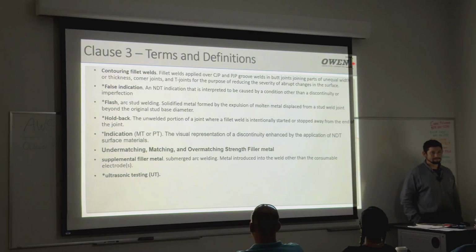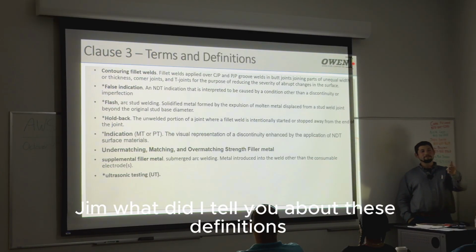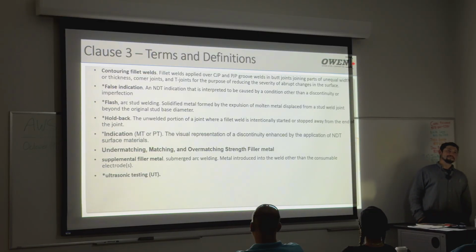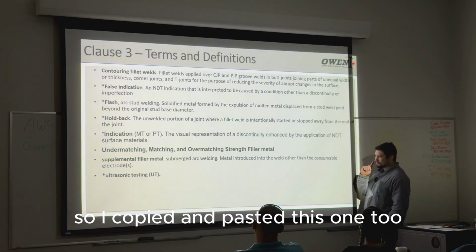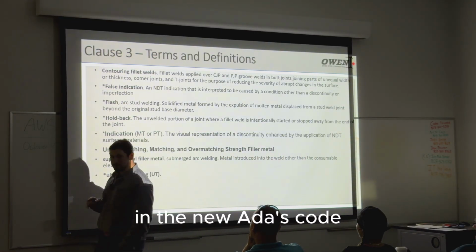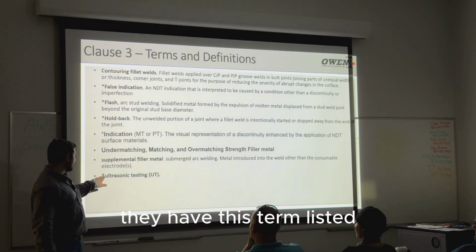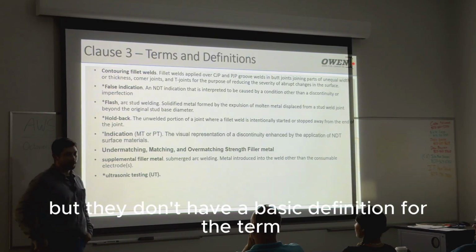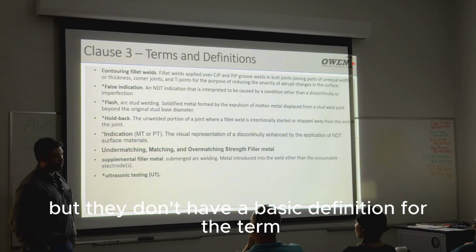Why? Jim, what did I tell you about these definitions? They're copied and pasted, right? So I copied and pasted this one too. In the new AWS code, they have this term listed, but they don't have a basic definition for the term.